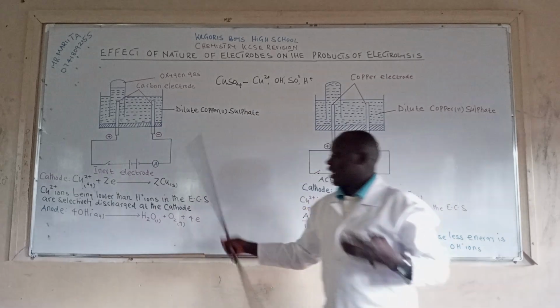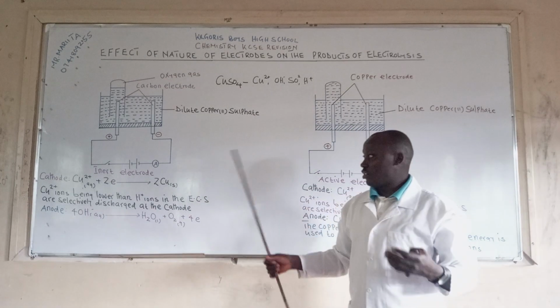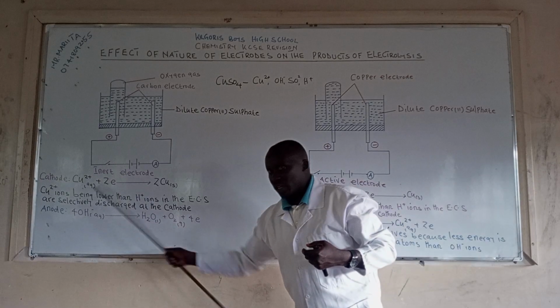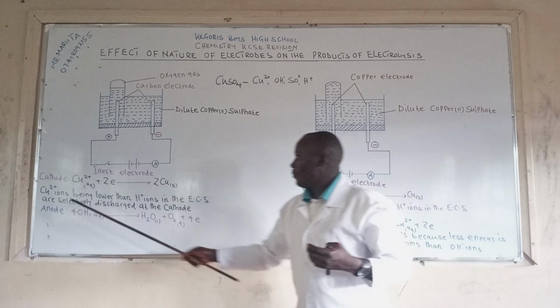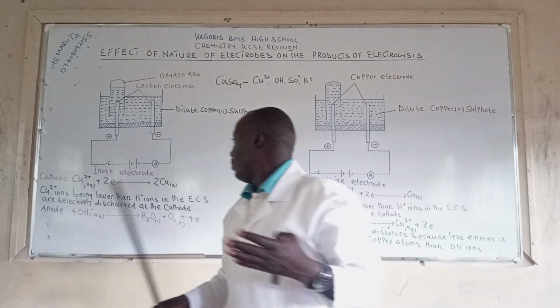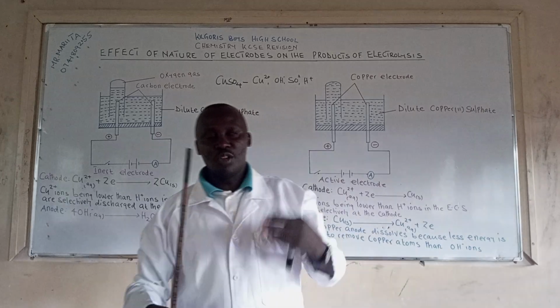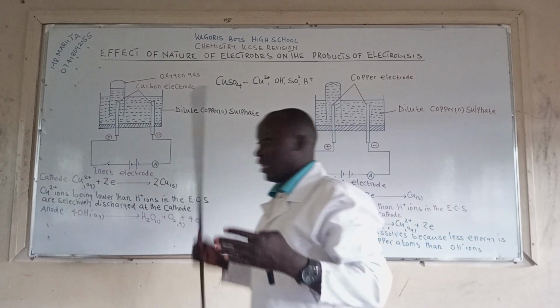In this case, there is a reduction. Copper is gaining the two electrons to form the copper metal. So what happens here is that the copper ions, being lower than hydrogen ions in the electrochemical series, are selectively discharged at the cathode.